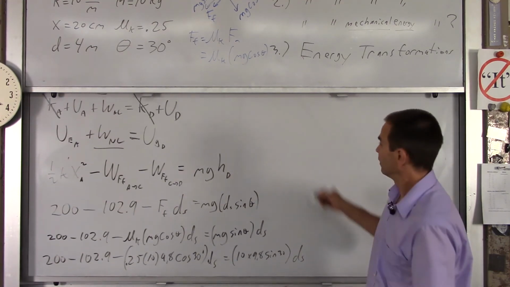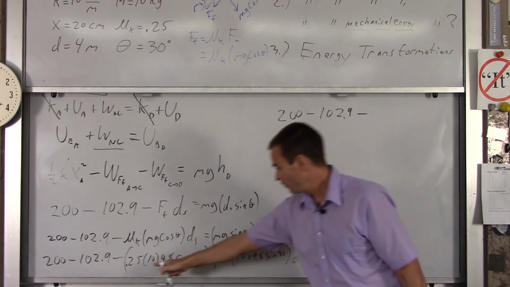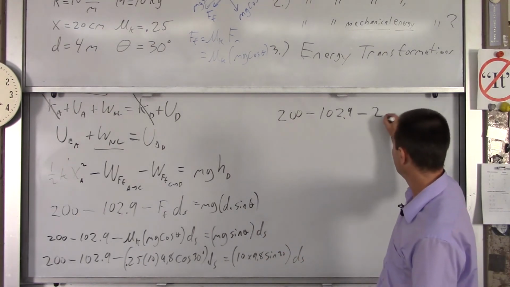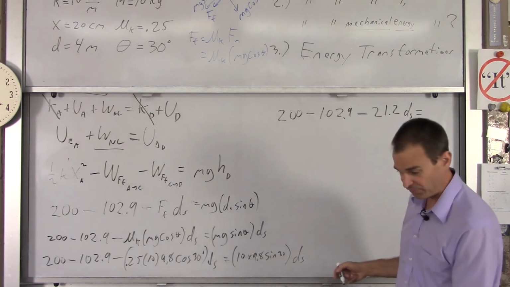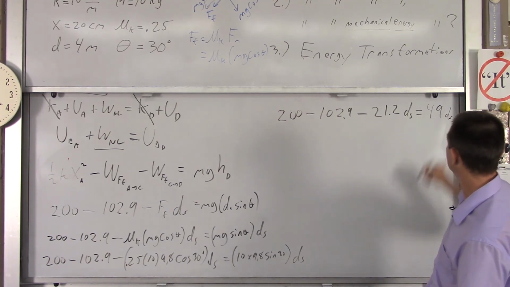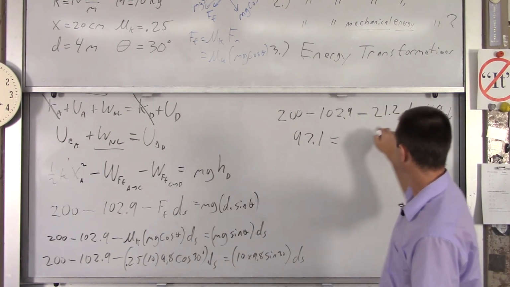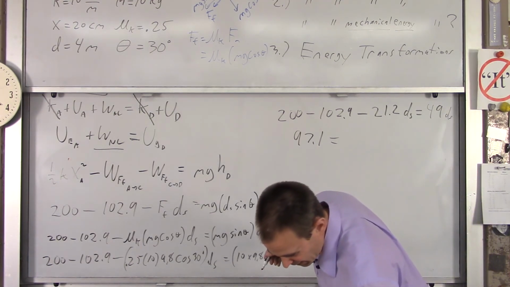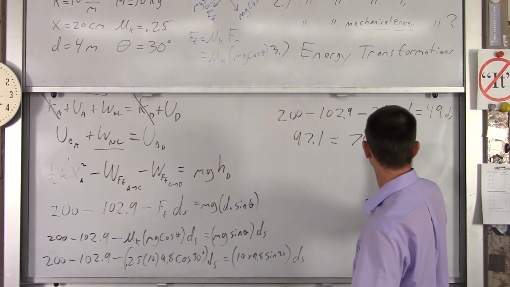All right. Then we have 200 minus 102.9 minus, if you plug all these numbers in the calculator, I get 21.2. You might want to check that. So that's 21.2 ds equals, and then this term is 49 ds, I believe, yes. 49 ds. All right, so now we're just doing algebra. This is 97.1 equals, if I move this over to here, you get 70.2 d sub s, okay?